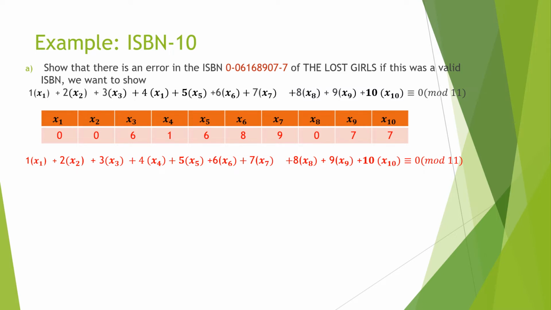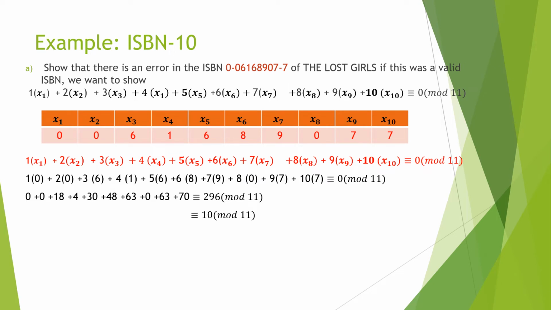Then, using this congruence, we substitute the given values: 1 times 0 plus 2 times 0 plus 3 times 6 plus 4 times 1 plus 5 times 6 plus 6 times 8 plus 7 times 9 plus 8 times 0 plus 9 times 7 plus 10 times 7, congruent to 0 modulo 11.